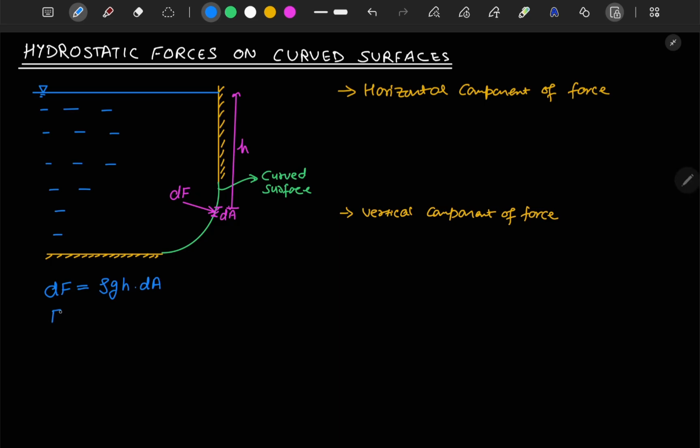If I want to calculate the hydrostatic force, I will write it in terms of the integration of p dA. Your pressure varies with h, and your area varies. And how does your area vary? Because the normal to your surface is continuously varying. I hope you get this point.